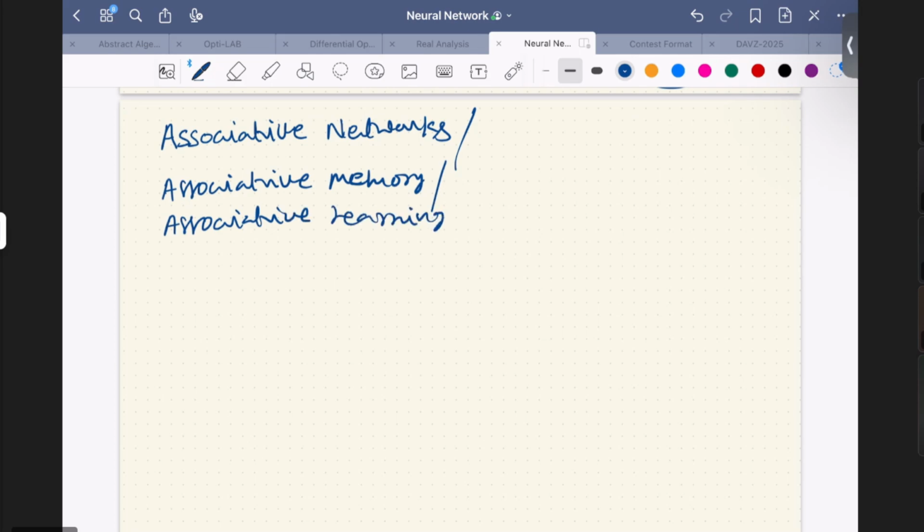These are all similar for me. The core ideas are the same. They differ slightly in the namings, but let's talk about the concept, what they deal with.